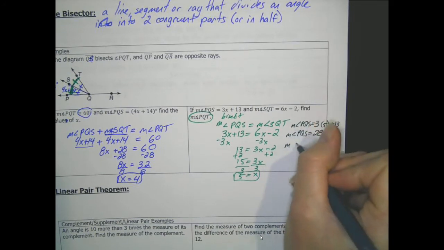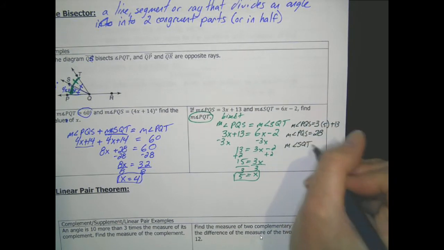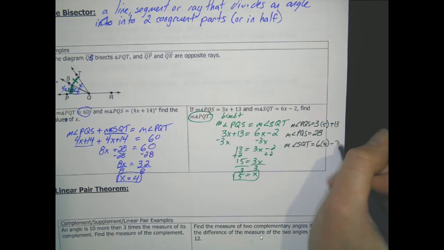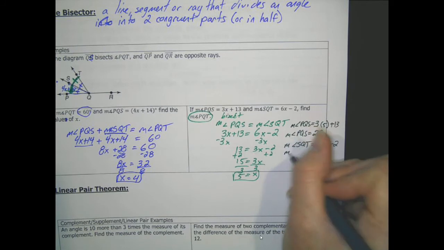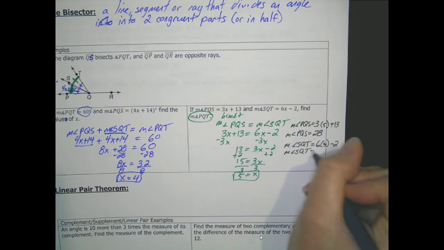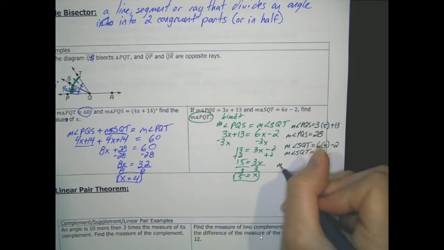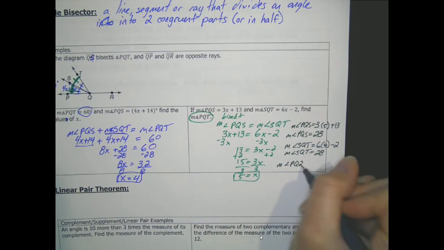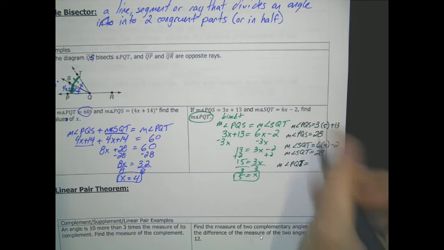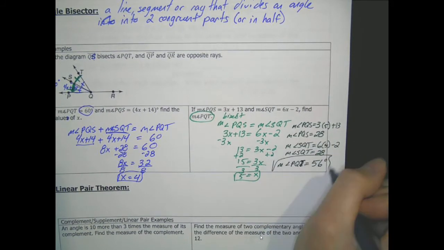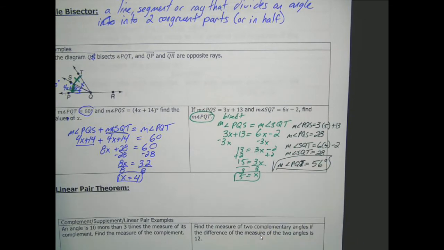Okay, and then the measure of angle SQT is equal to 6 times 5 minus 2, which is also going to be 28. And so I know that the measure of angle PQT is going to be the sum of those, which is going to be 56 degrees. And don't forget your degree symbol.